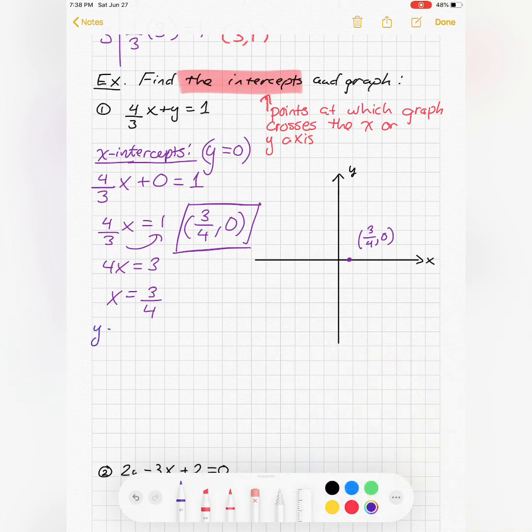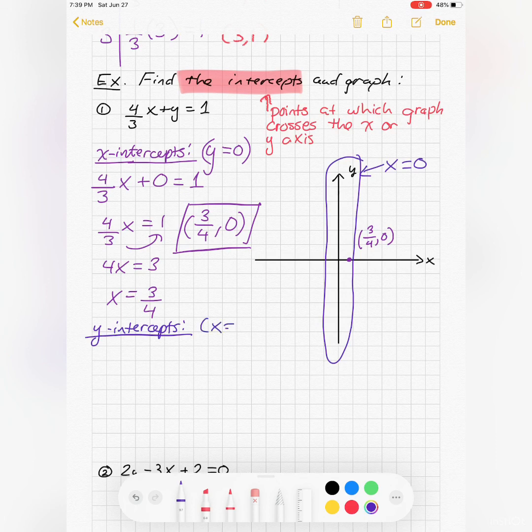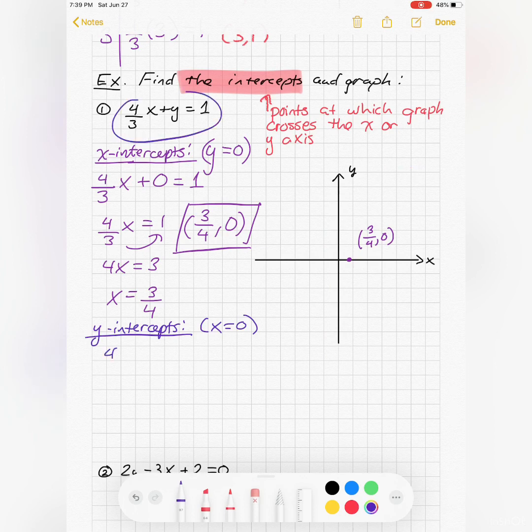Okay, what about y-intercepts? So to find y-intercepts, I'm looking for places here on the y-axis. So on the y-axis, I haven't gone left or right. So I set the x equal to 0 to find points there. So that'd be 4/3 times 0 plus y is 1.